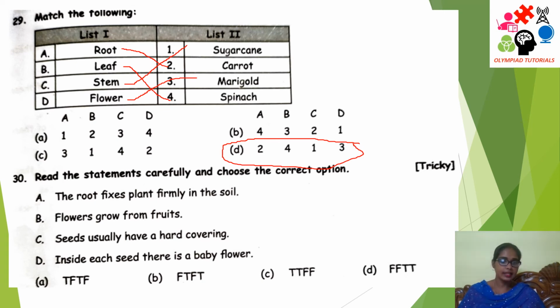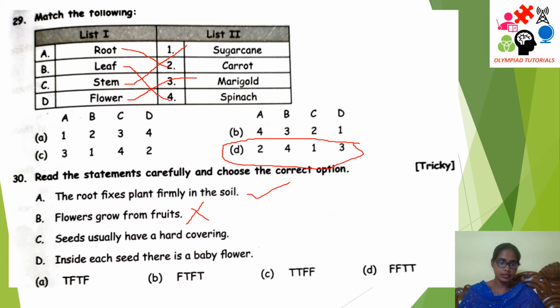Question number 30. Read the statements carefully and choose the correct option. Here you have four statements, A, B, C, D, and you have to say T for true and F for false. The root fixes the plant firmly in the soil. This is a true statement. Flowers grow from fruits. This is wrong.